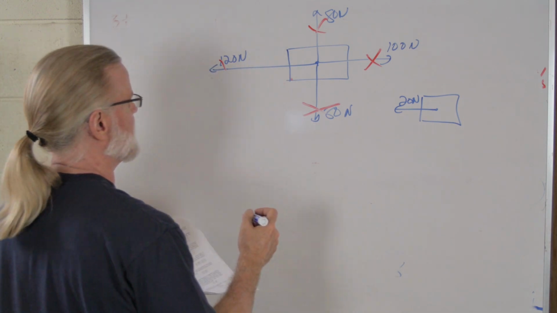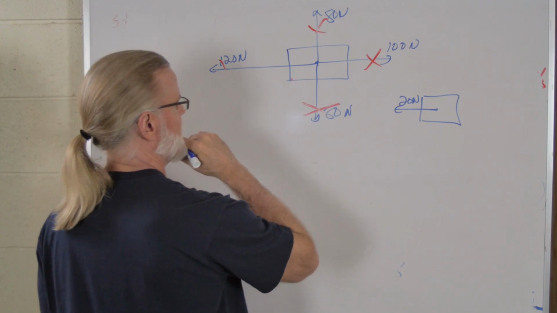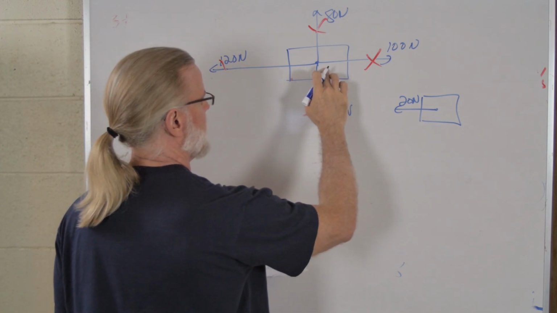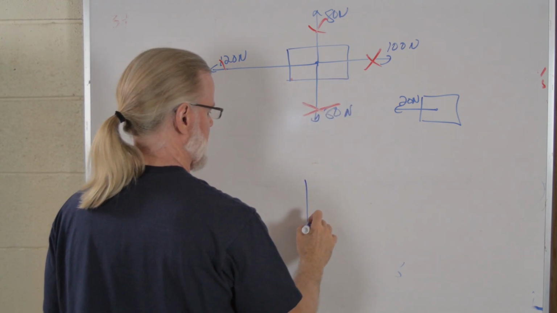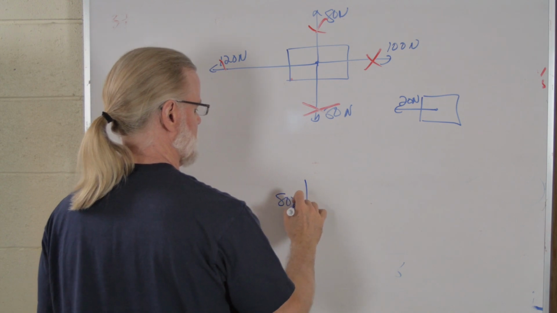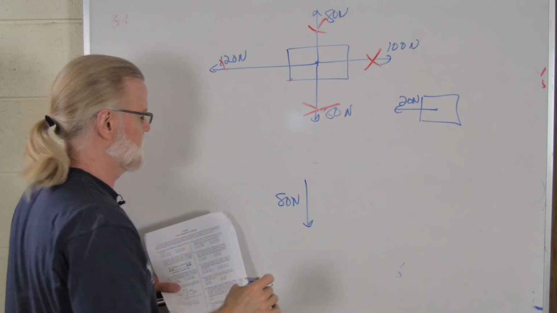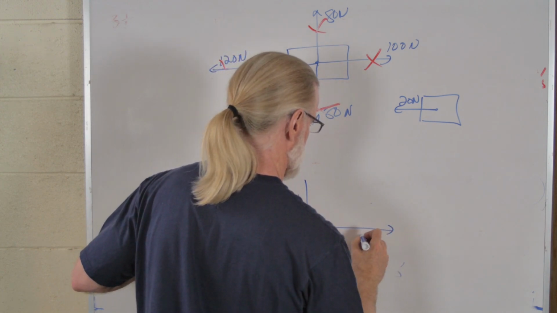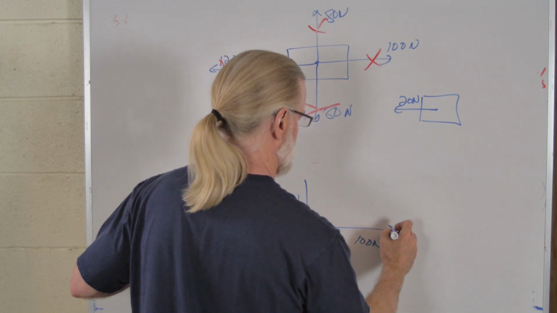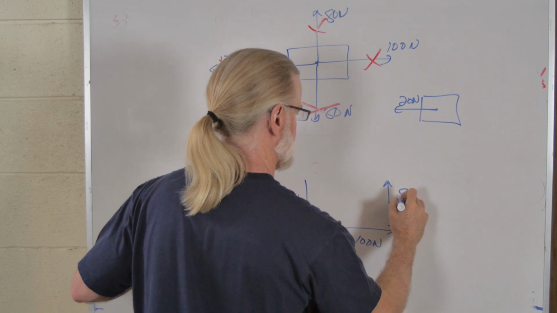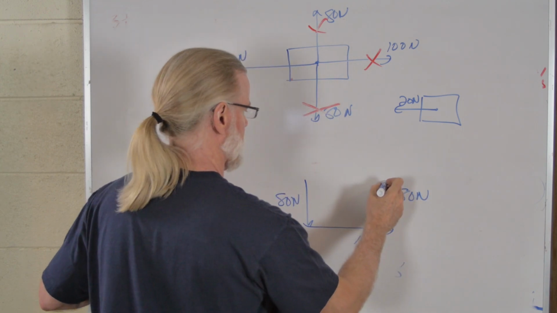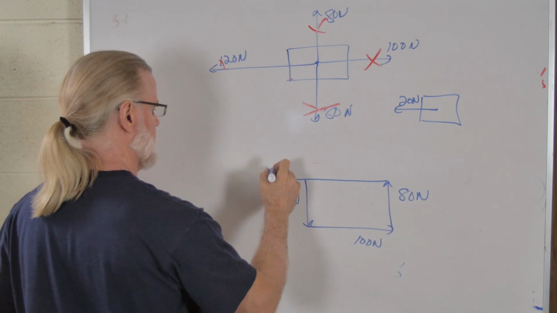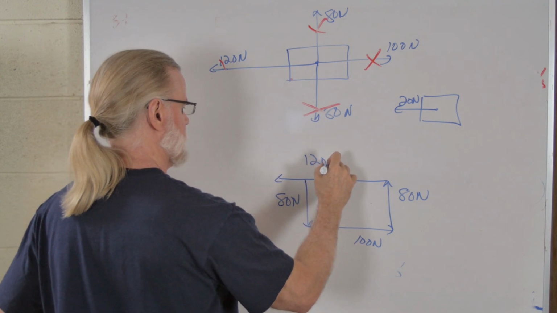We could always add these up in the normal vector addition mode. We could say, okay, well, I have 80 newtons here, so we're just going to add these up tip to tail. I do 80 newtons, then we go over 100 newtons, and then we go up 80 newtons, and then we go over 120 newtons.